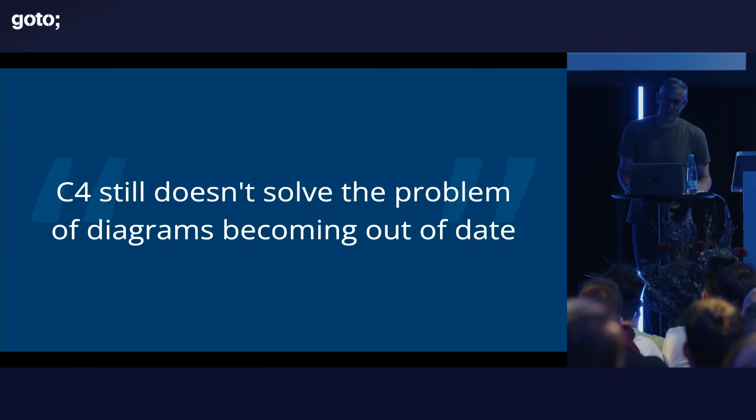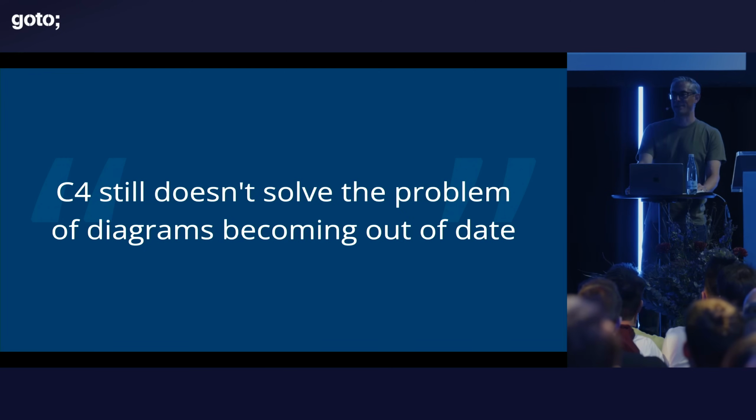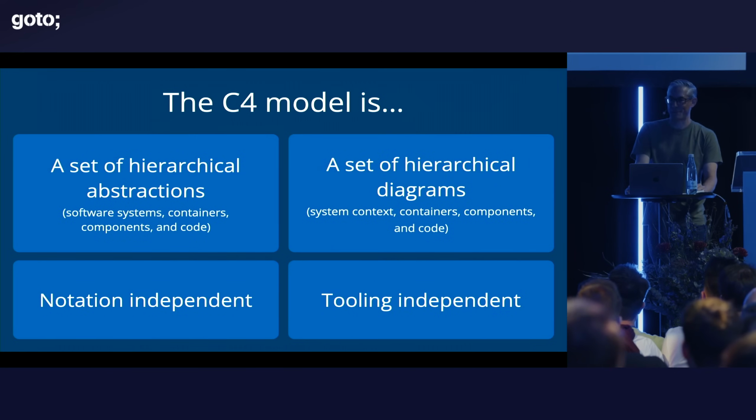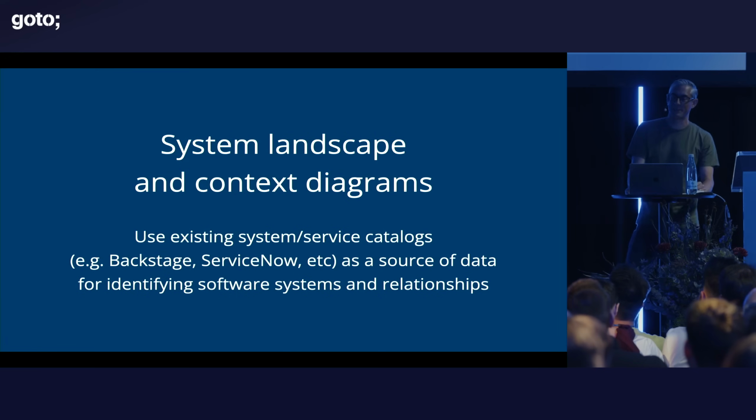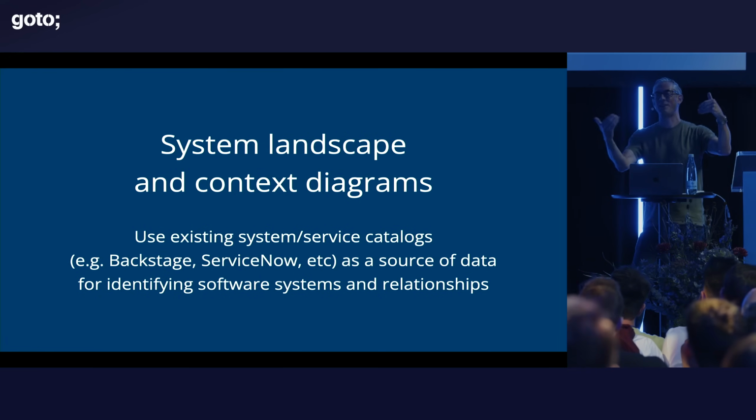And one of the final things is, well, C4 still doesn't solve our diagrams getting out of date. No, it doesn't. C4 is a set of abstractions, a set of diagram types, it's notation and tooling independent. So this is when you now need to figure out what tooling allows us to keep our diagrams up to date. In terms of system landscape and system context diagrams, what you want to do is really start bootstrapping and generating diagrams from data sources that already exist in your organization.